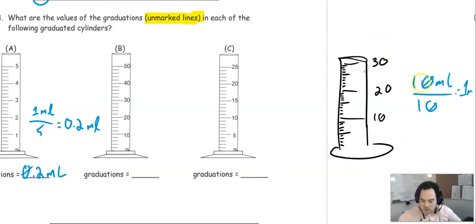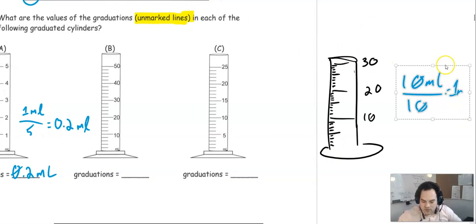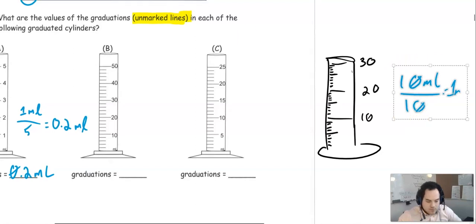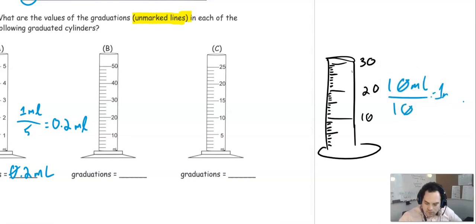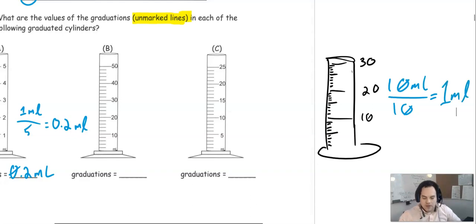I messed that up, let me try again. There we go. So it equals 1 milliliter. And you guys can definitely give that a shot. On the other two, if you have any questions, you can let me know.